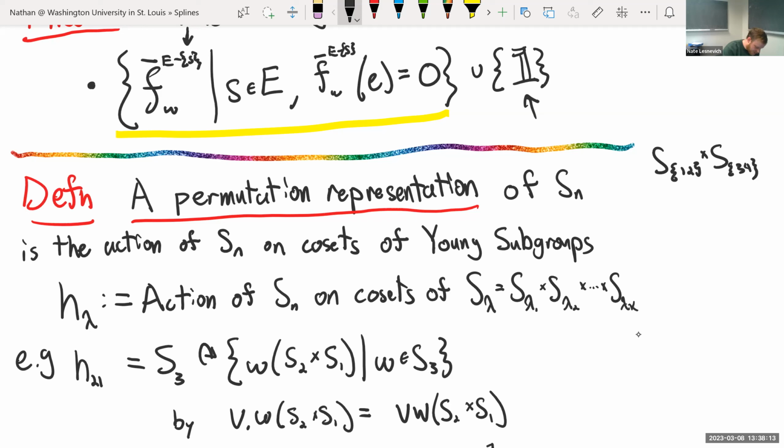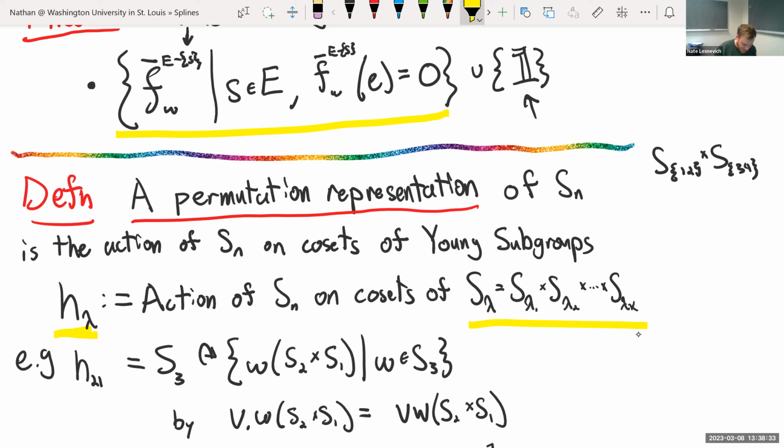For symmetric function reasons, I'm going to call it H sub lambda. The action of Sn on cosets of the Young subgroup S lambda, where lambda is in truth a partition, but some list of integers given, and that gives that product.